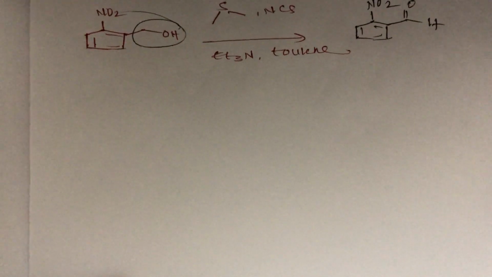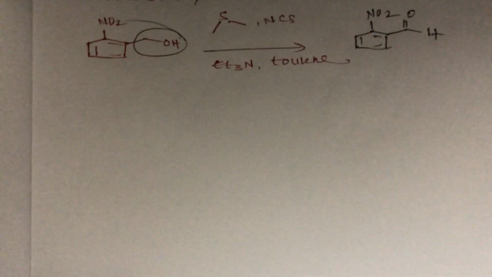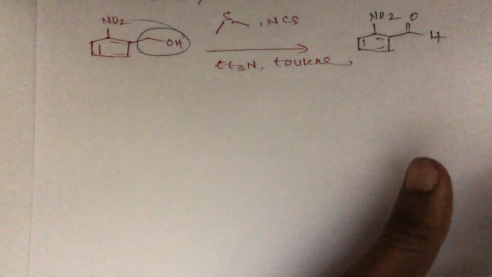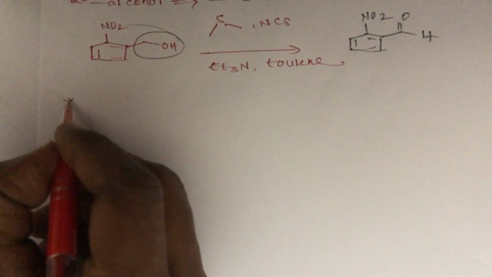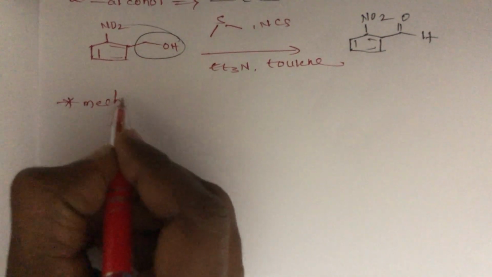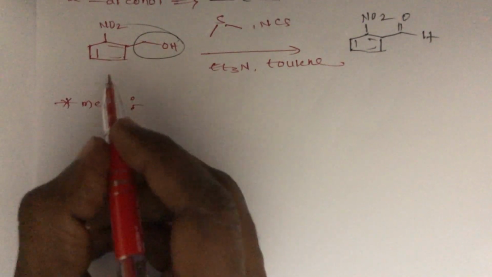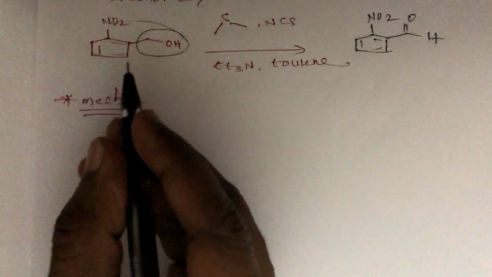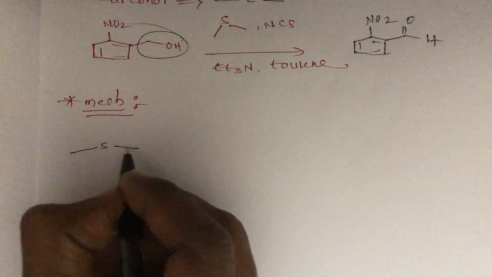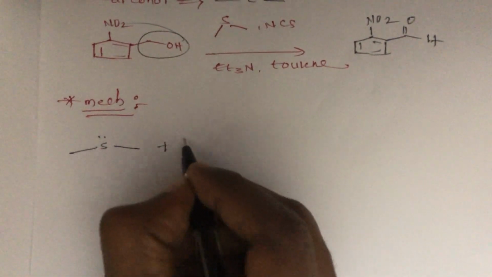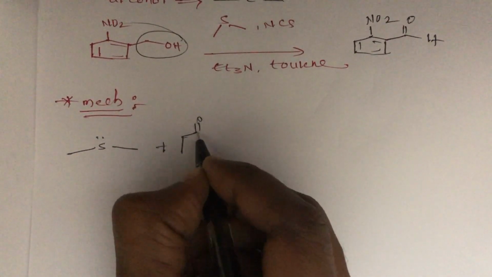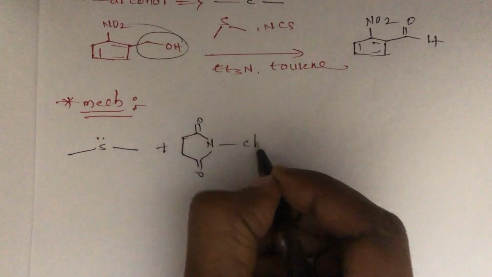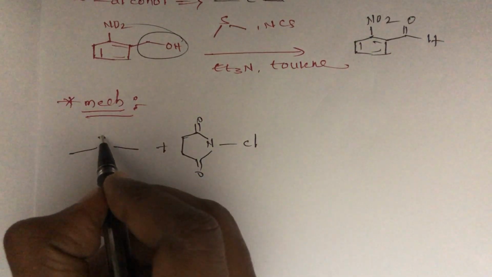In any reaction you must know the reaction mechanism. So here I am going to explain what exactly is happening in this mechanism. Here we are first using DMS, dimethyl sulfide, and one more, N-chlorosuccinimide. Here we have a lone pair of electrons.